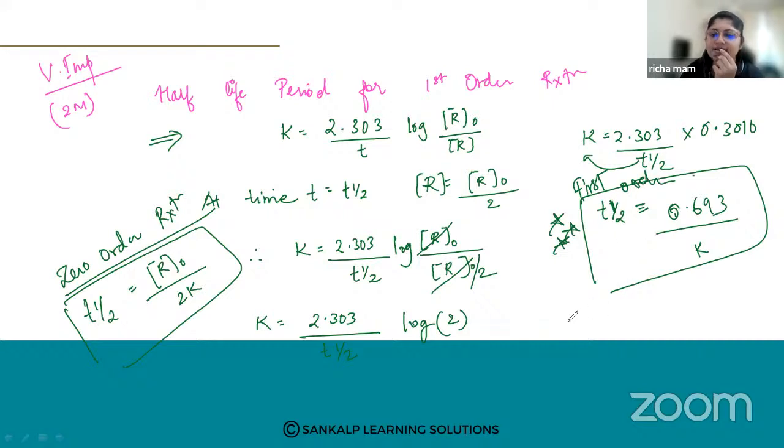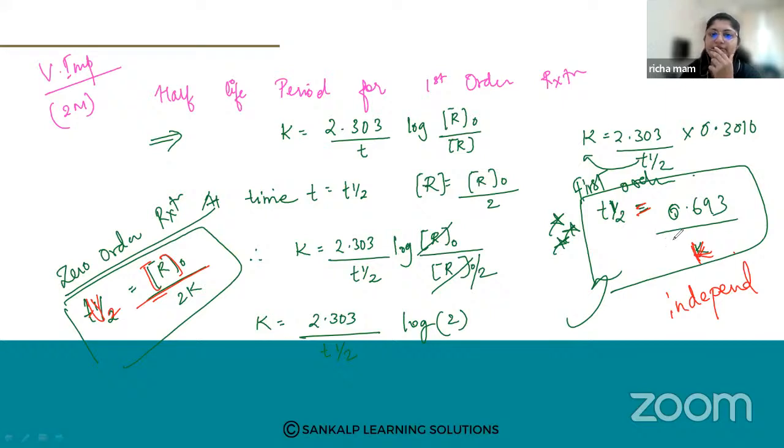So what does it imply now? By this, you can tell that the half life of the first order reaction is independent of the initial concentration of the reactant. It is not dependent here. In the zero order, you can see that it is dependent on the initial concentration of the reactant, but it is independent here, and it is inversely proportional to the rate constant.